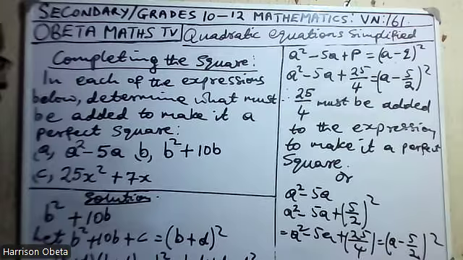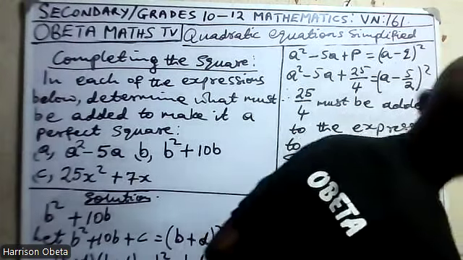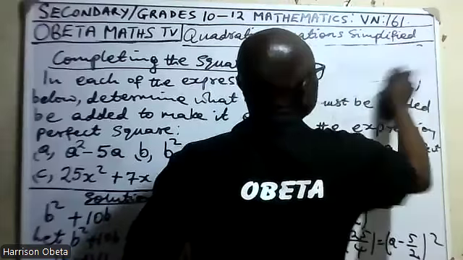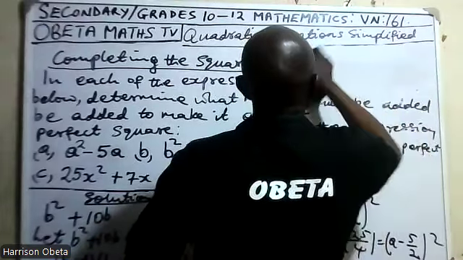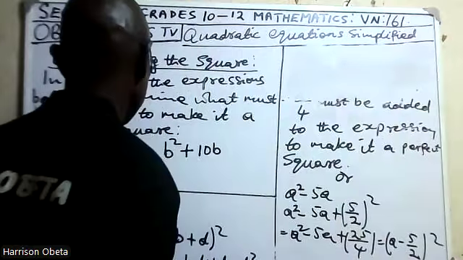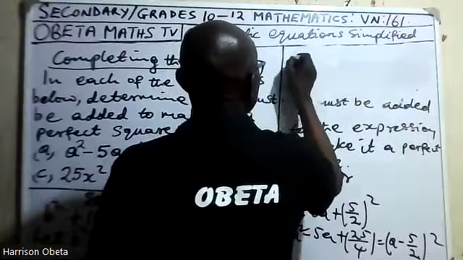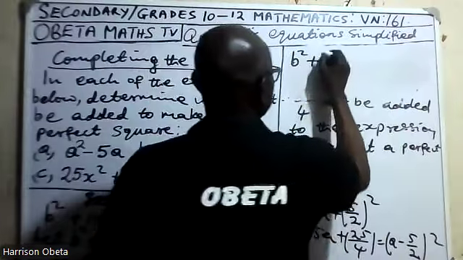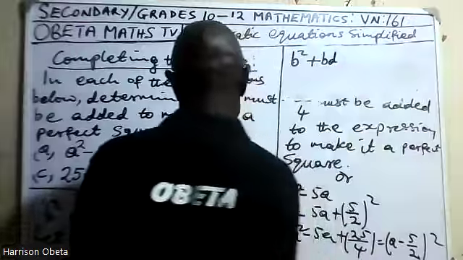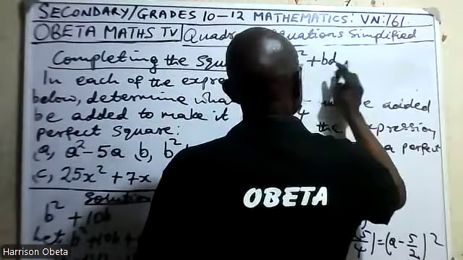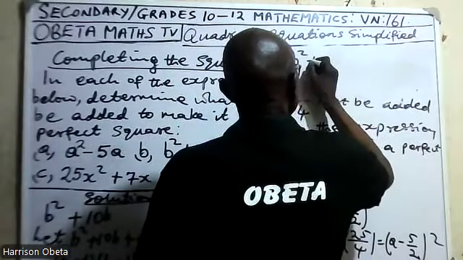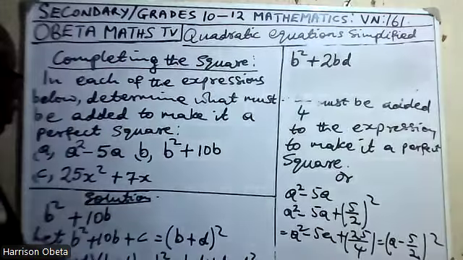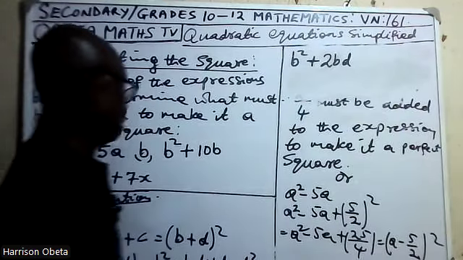So from there, we move on to this side, and we are going to have B squared plus 2BD. That is BD plus BD is 2BD.